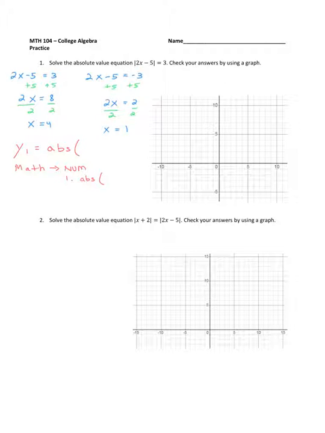I'll then type in 2x minus 5, and then I'll close my parentheses. In place of y2, I'm going to put the other side of my equation, which is 3. So I'm going to graph both of these and see what we get. All right, so I started with the absolute value equation. I just wanted to make sure I got those points right. I checked at 1 and 4, it's equal to 3.